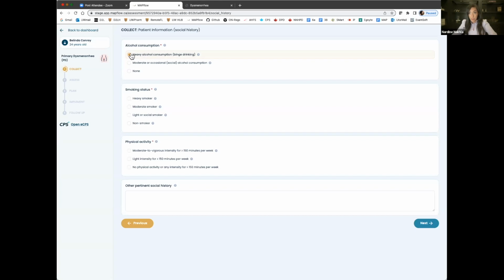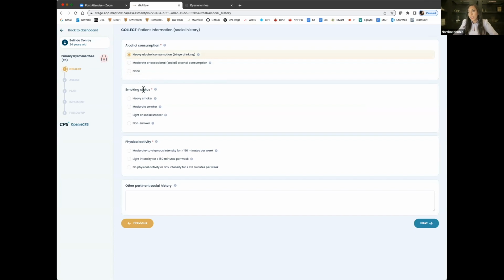So if I click this, it'll gray out acetaminophen in my therapeutic options. And that's because of the risk of additive liver toxicity. So again, we've crafted this in a way where every single question you're asking is meaningful. It will do something to tailor therapy.